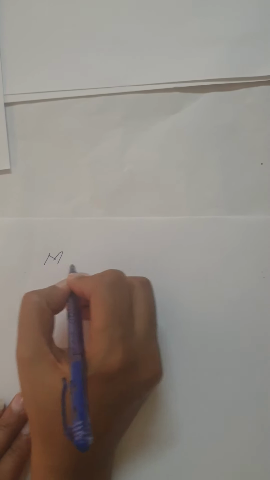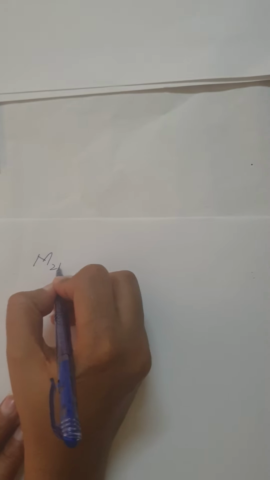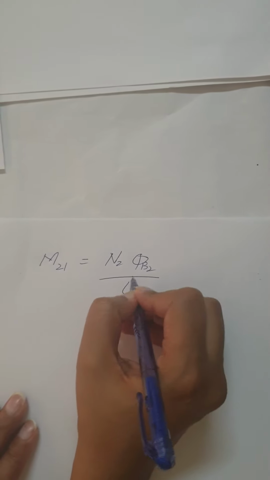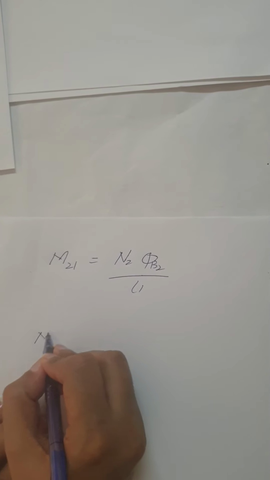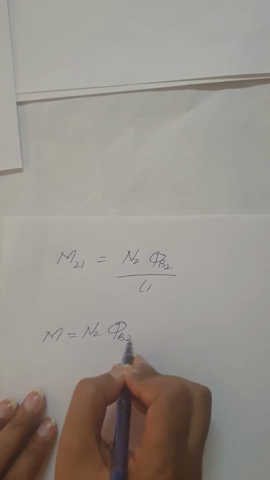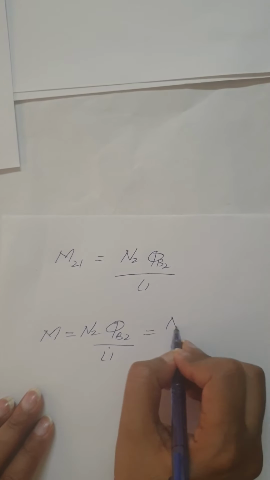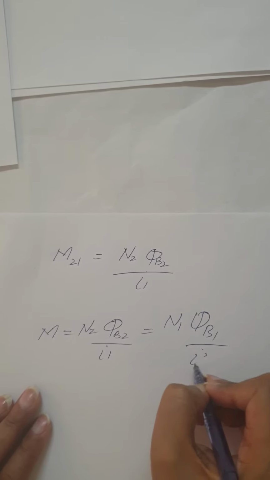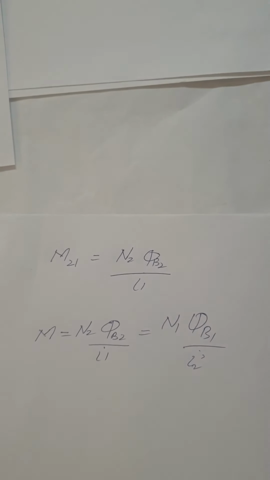So mutual inductance was N2 phi B2 over I1, and with this simplification we can write N2 phi B2 over I1 is equal to N1 phi B1 over I2. This is mutual inductance.